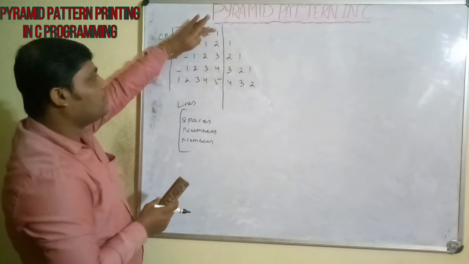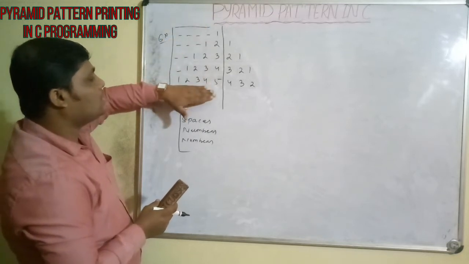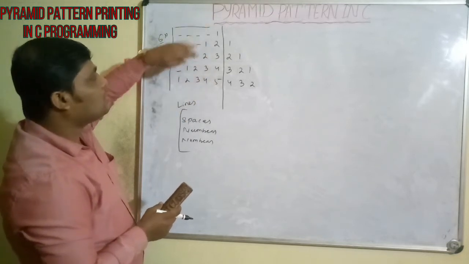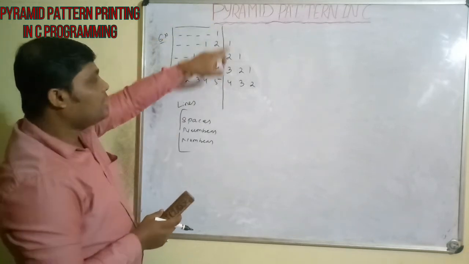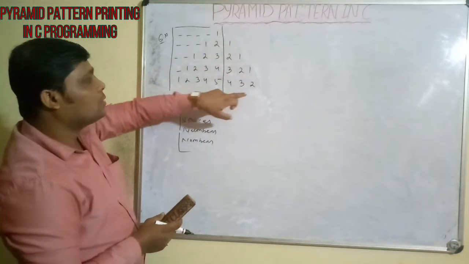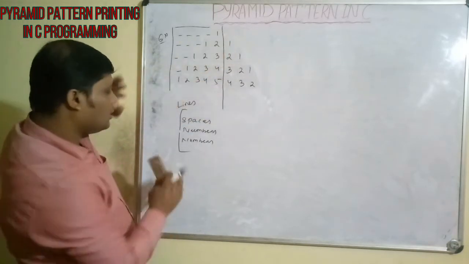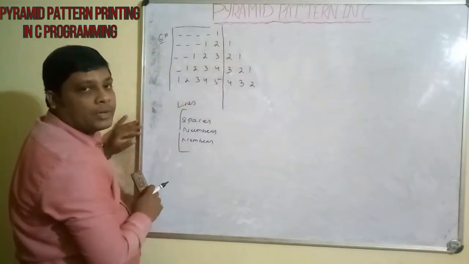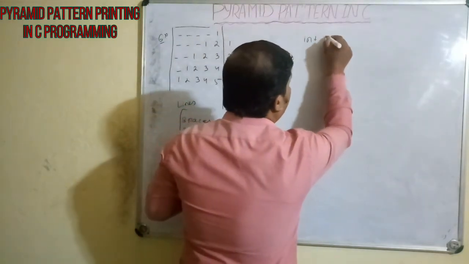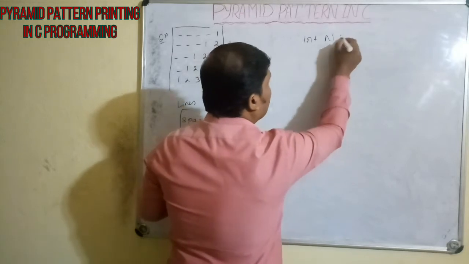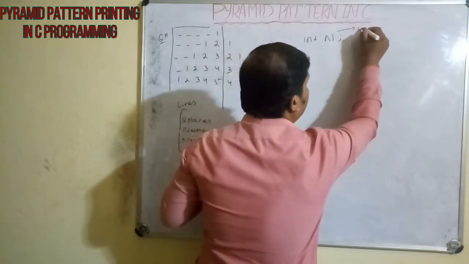We have already printed in previous videos. We have already discussed the logic part to print this structure. Clear? Then again we have already discussed to print this structure also. Clear? So some numbers we are printing. So you can see, suppose integer n I am taking for line numbers. This is for lines.